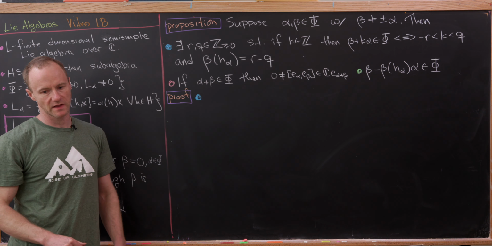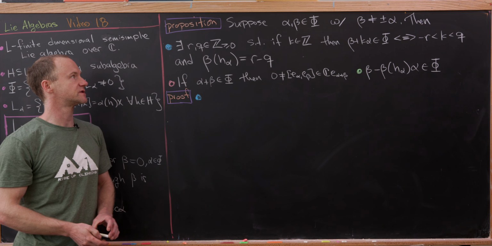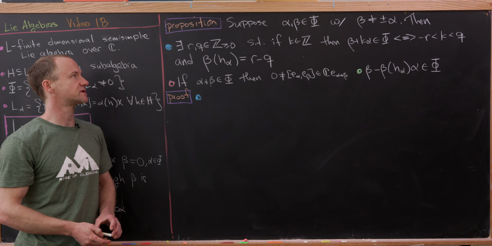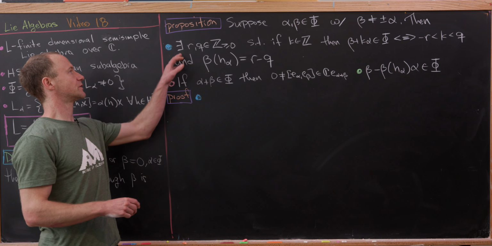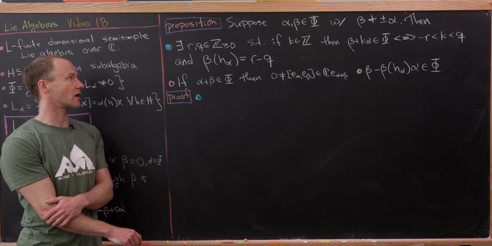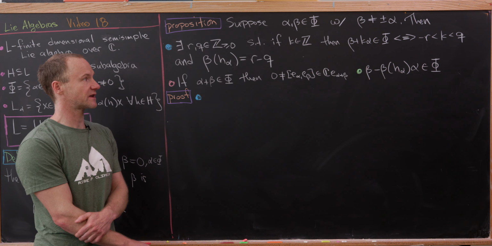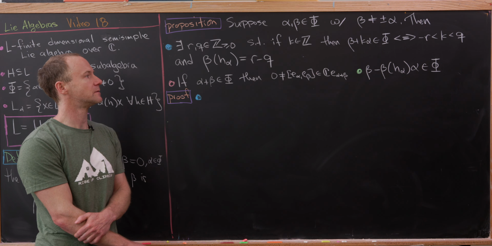Okay, so here's our last result of the day. So let's suppose that we've got two roots, alpha and beta, and beta is not equal to plus or minus alpha. Then we've got three results. So first of all, there exist non-negative integers r and q such that for integers k, beta plus k alpha is a root if and only if k is between minus r and q.